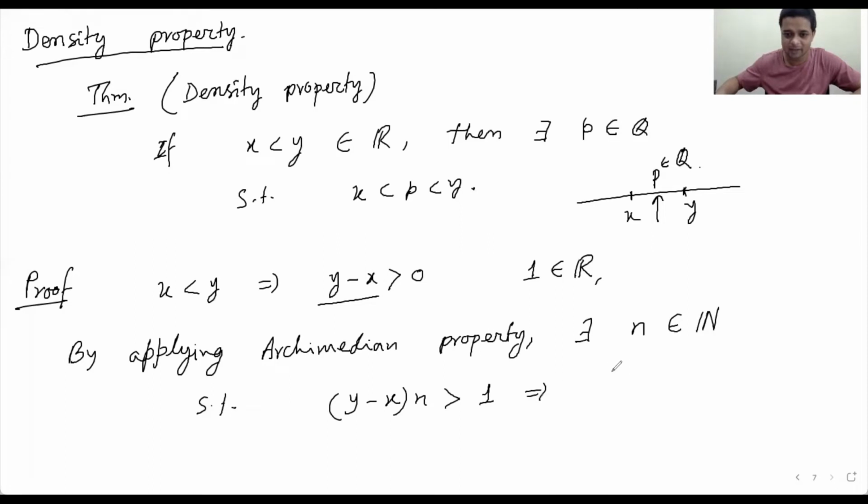So this implies ny is greater than nx plus 1. In other words, we can write nx plus 1 is less than ny.